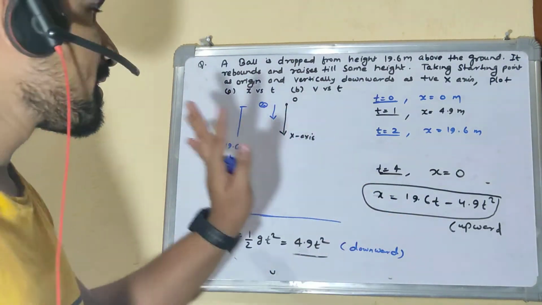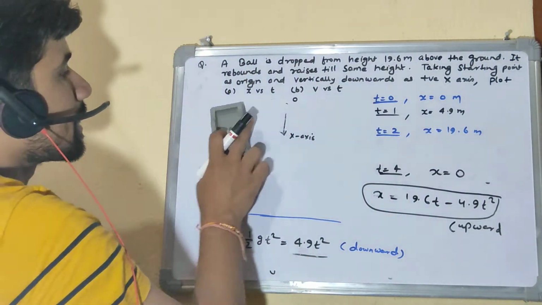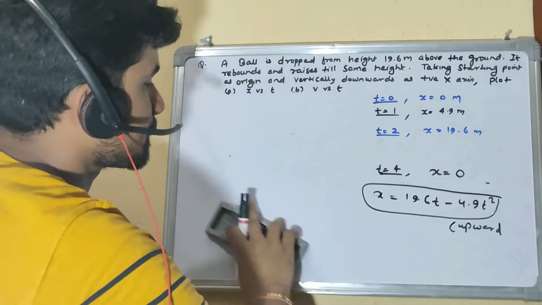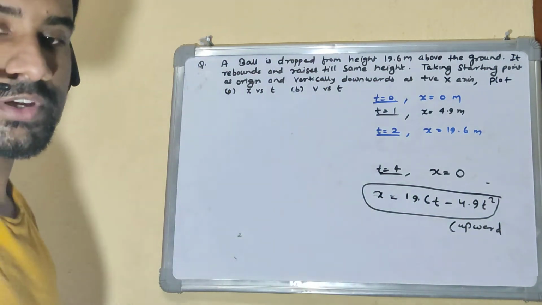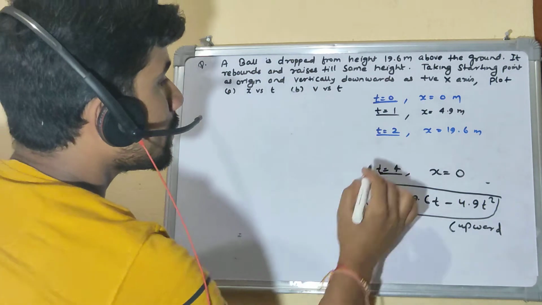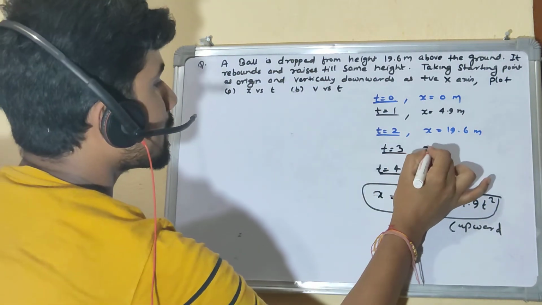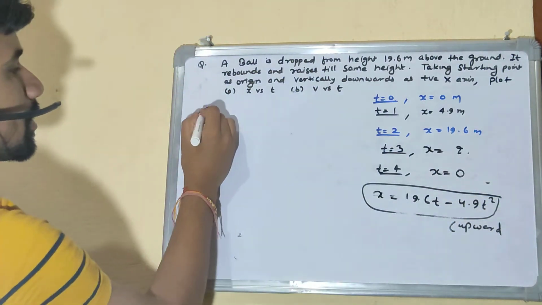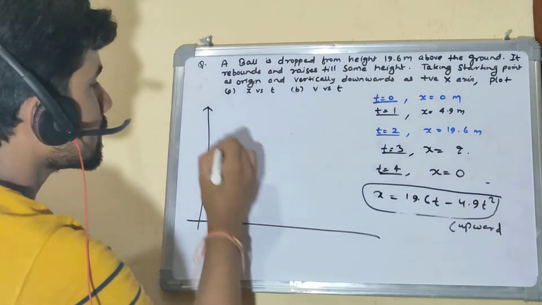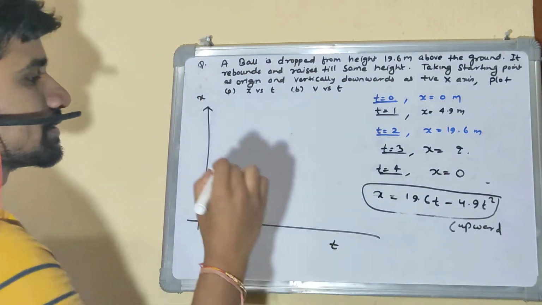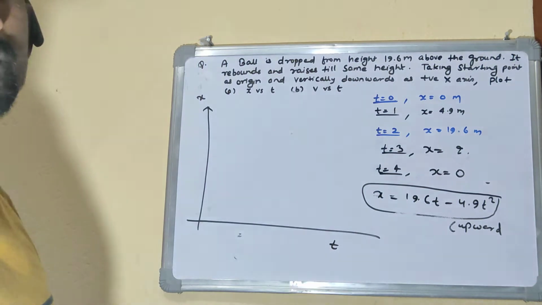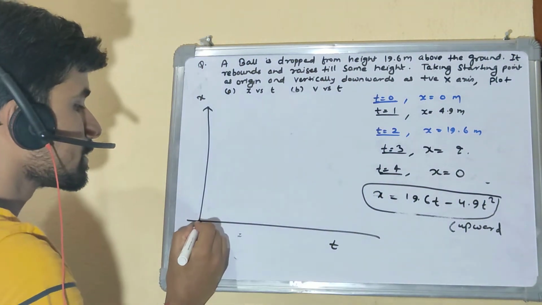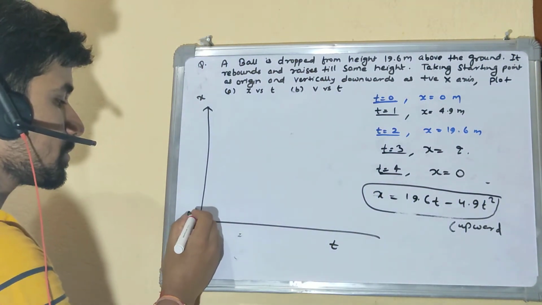Now if I plot everything graphically, you can also calculate where the position will be at t equal to 3. But if you plot graphically, this is x and this is t. At t equal to 0, x is at 0, so this is 0, 0.